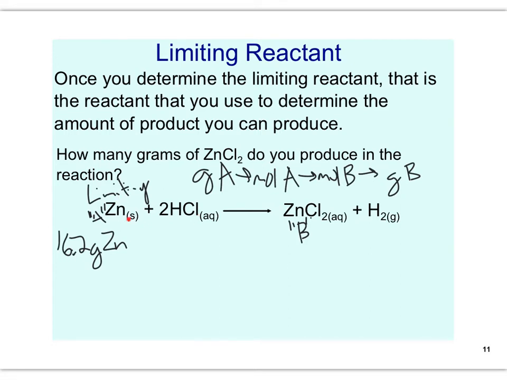Now what it's doing when you solve for a product is if I used up every last bit of that zinc, it's telling me what is the maximum amount of zinc chloride that I could produce. So that's what we're going to go through and solve for.